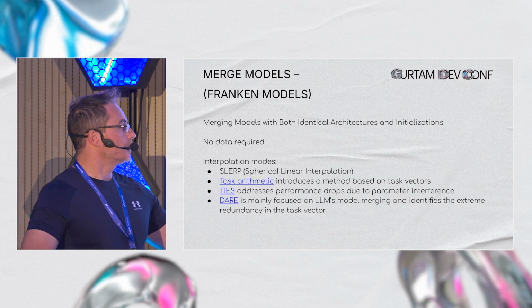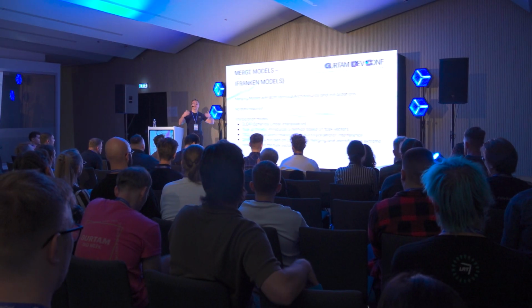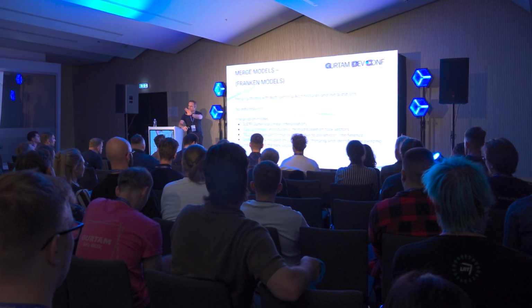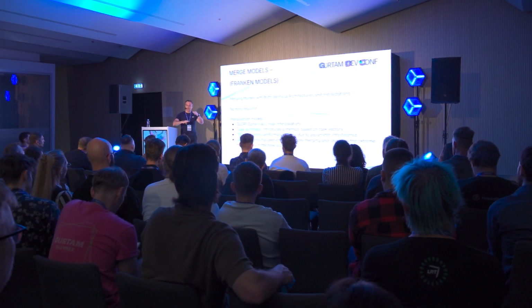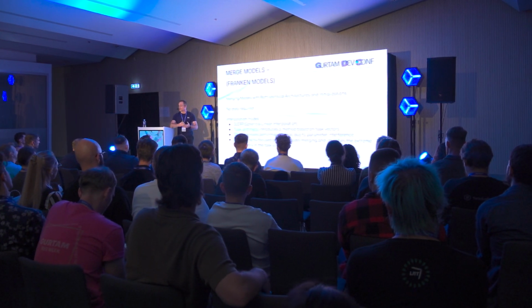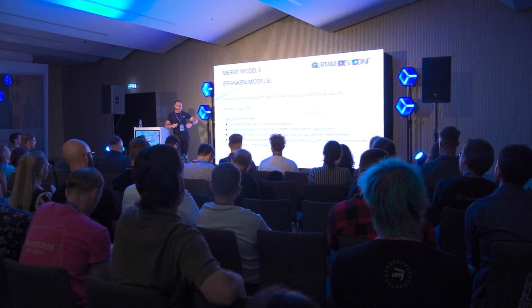For example, you can have the same architecture, but one accepts an input of 1024 tokens. It's just an example, okay? And another model has the same architecture, but a different input size. So you need to do something else.